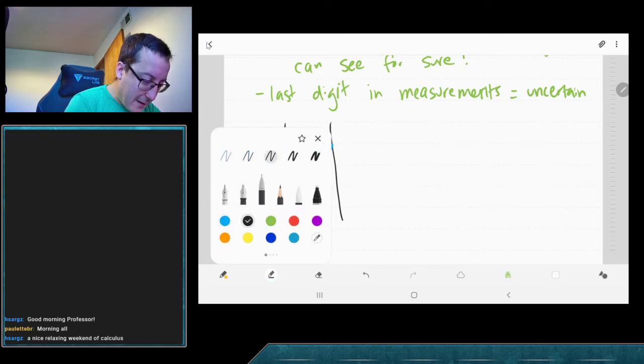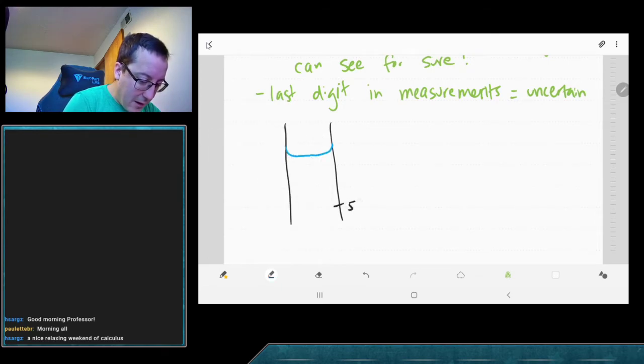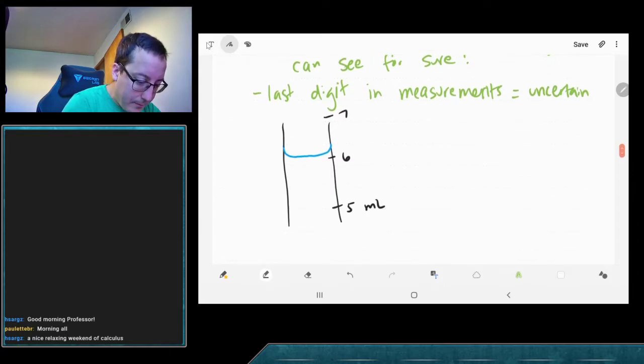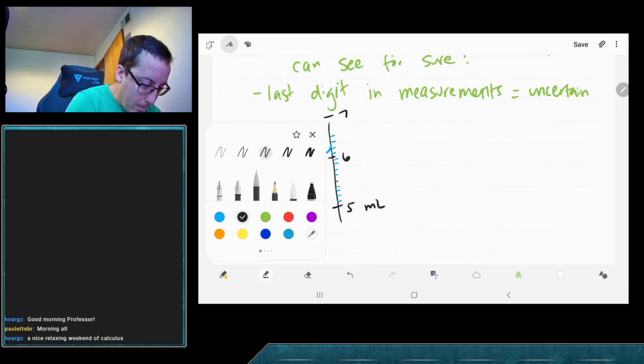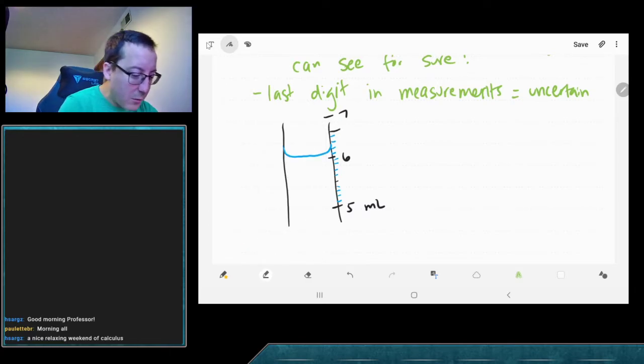Okay, and let's say that this is 5 ml, 6, 7's up there. And I'm just going to do these in a different color because why not? We don't really need more than that anyway.